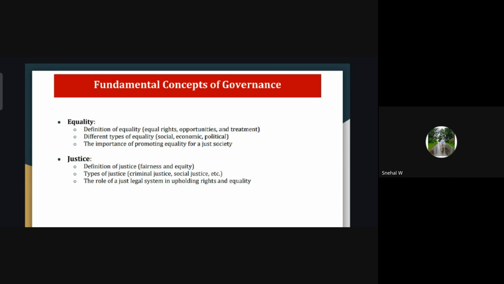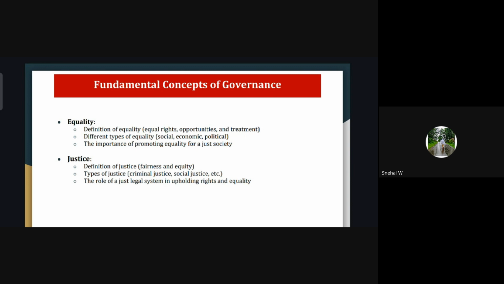Again, there are these two types of justice: criminal justice and social justice. Criminal justice is what? Whenever anyone harms you, you can simply go to the judiciary. The judiciary will deliver justice over there. Whoever is right will get the benefit. Whoever is wrong or guilty will be punished.